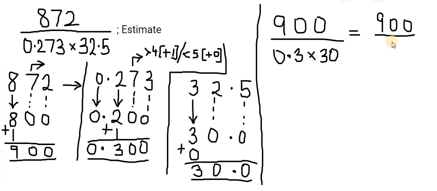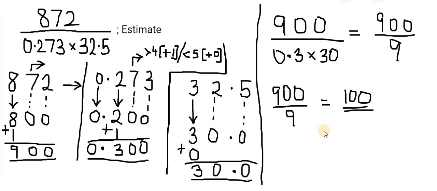So that would just be 9. And 900 divided by 9 is equal to 100. So that's the estimated answer. Once again, round all the numbers in the problem to one significant figure, and then use the rounded numbers to solve the problem.